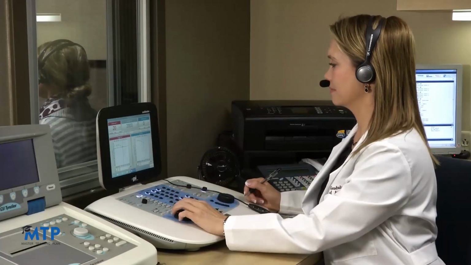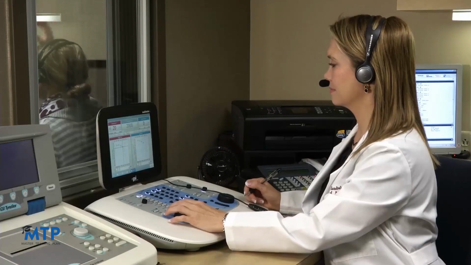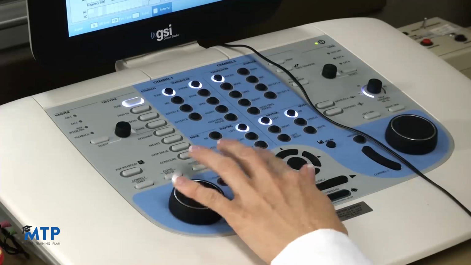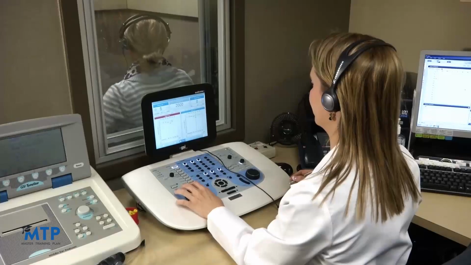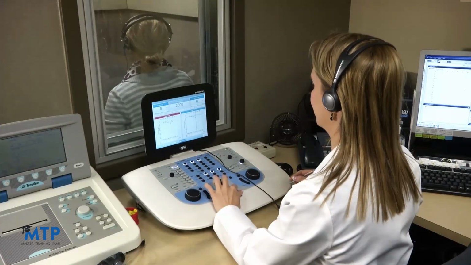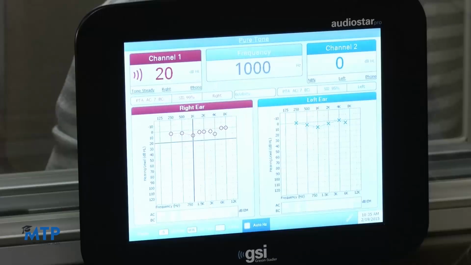OSHA requires this testing be conducted within 6 months of the noise exposure and every year after that. During the test, a technician sends tones through earmuffs to find the softest level you can hear at various sound frequencies. So the reason we do a hearing test annually is because as hearing changes, it happens in really small increments. And our brain is so good at adapting, it gets used to that. And we don't really realize it's even happening.